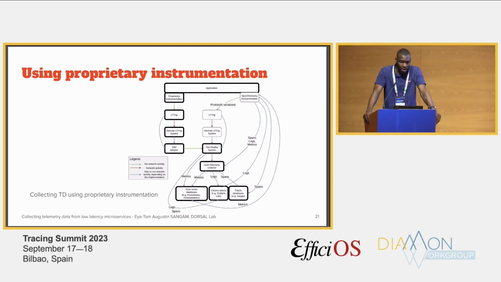Once it's sent to LTTng, you can decide to have it in a remote session, so on another host, or keep it local. After that, since the data you collected is not in the OpenTelemetry format, you need to adapt it to match the OTel schema so it can be understood by visualization tools later.